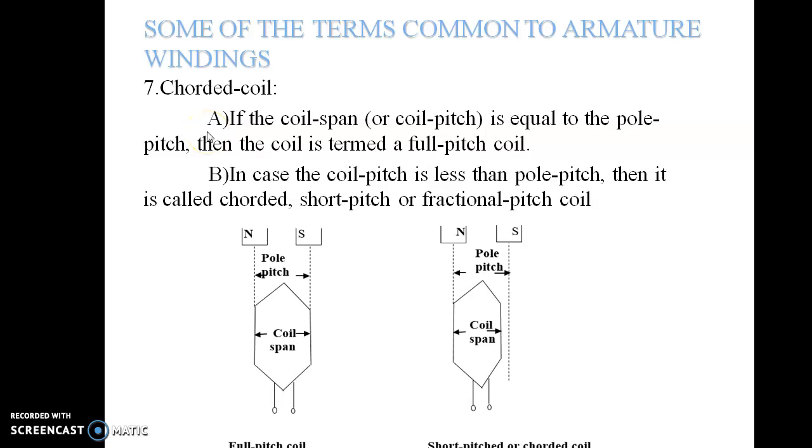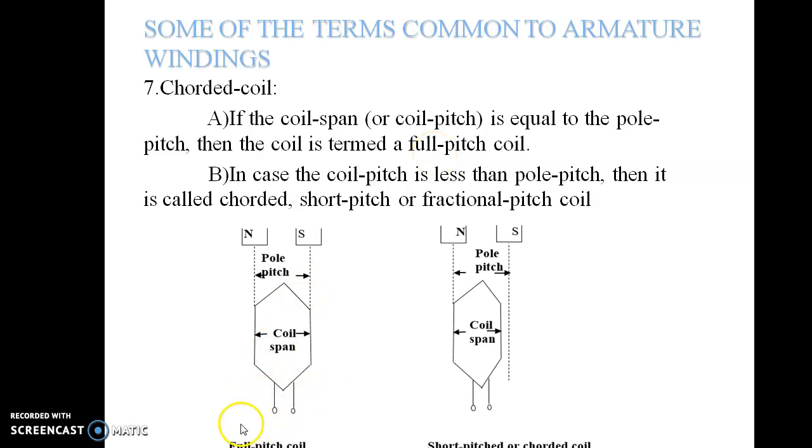So, point A says that if the coil span is equal to the pole pitch, then the coil is termed a full pitch coil. Let me tell you once again, if the coil span or the coil pitch is equal to the pole pitch, then it is a full pitch coil.